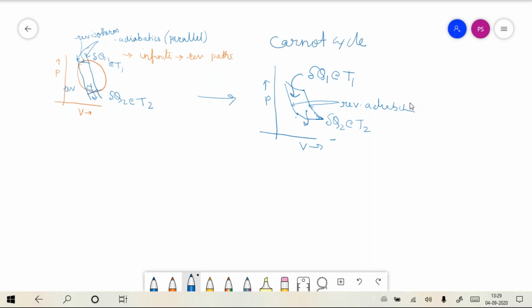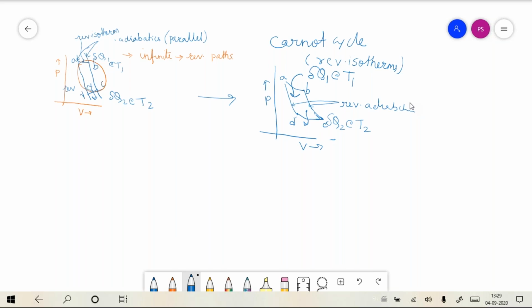Because a Carnot cycle has two reversible isotherms wherein there is a heat addition. This is one reversible isotherm and this is another reversible isotherm. Okay, let me call this A, B, C, D.